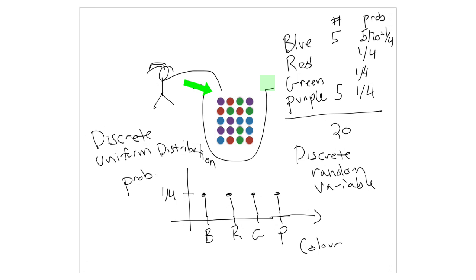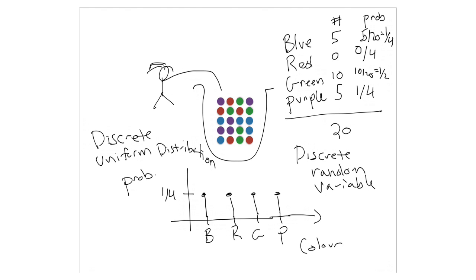So then the number of red candies will be 0, the number of green candies will be 10, and so the probability of getting a red will just be 0 out of 20, and the probability of getting a green candy will now be 10 out of 20, which is just equal to 1/2.